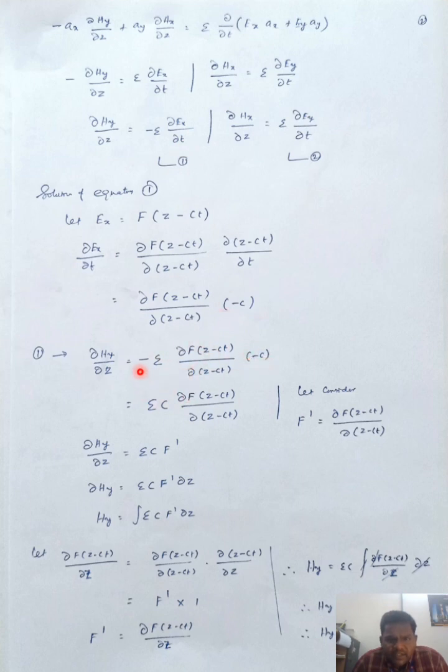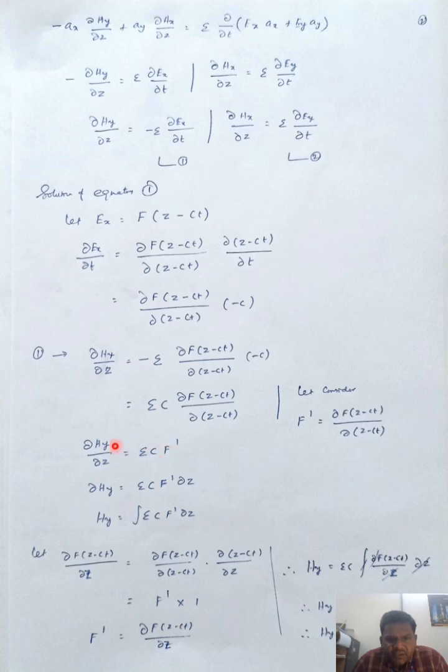By multiplying this minus epsilon with this minus c, I get epsilon c ∂f/∂(z−ct). Now for the sake of simplification, I am considering this rational value ∂f(z−ct)/∂(z−ct) as f prime. Finally, replacing this rational with the simplified f prime, this results in ∂Hy/∂z equal to epsilon c f dash.